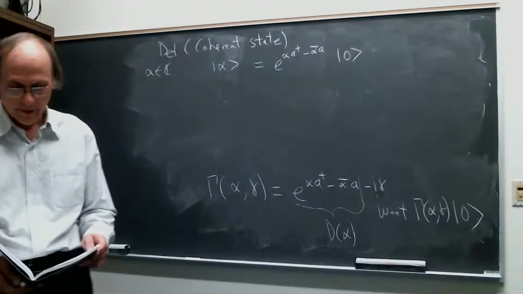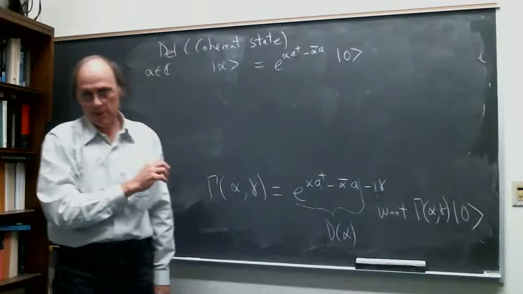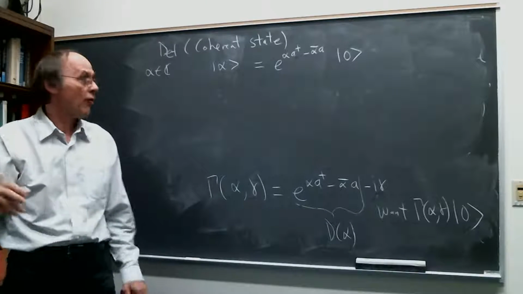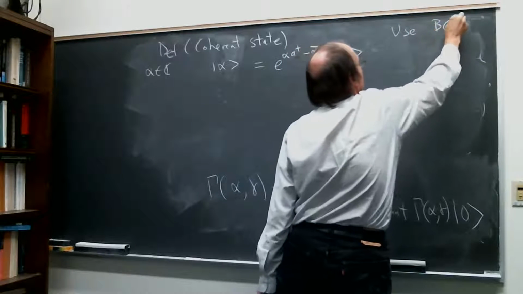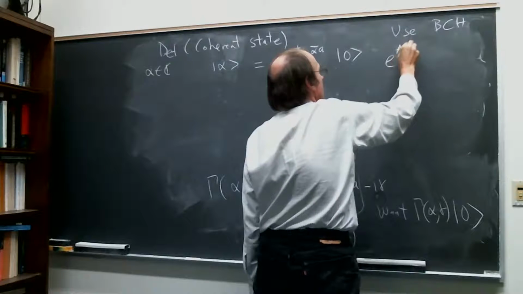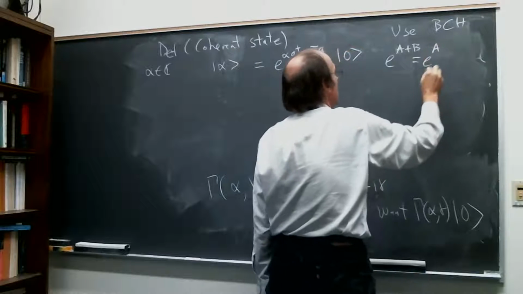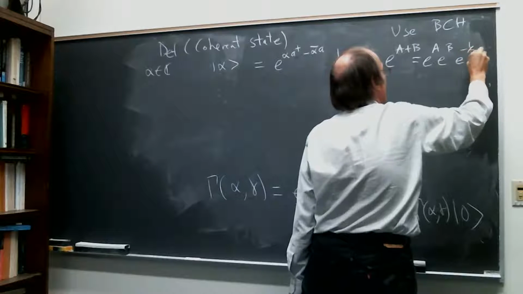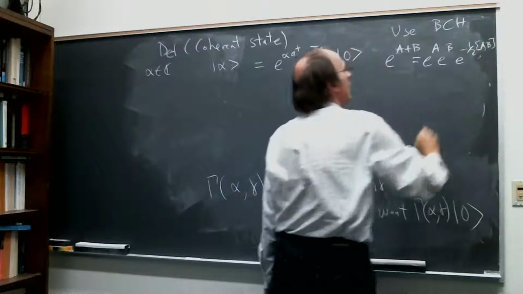Now if you start doing calculations with this thing, you always want to use this simple version of the Baker-Campbell-Hausdorff formula, which says that e to the A plus B is equal to e to the A, e to the B, e to the minus a half [A, B].